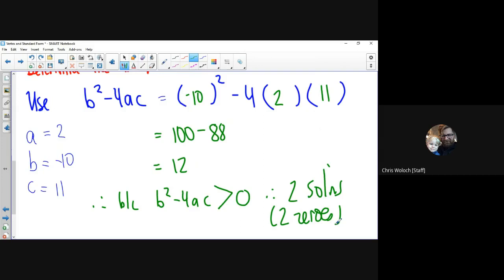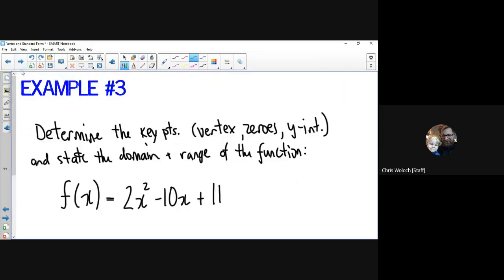All right. So now let's use that information and obviously more information to do a similar question to the one we did in vertex form, but in standard form. I think this is the last example before we go for a little break.